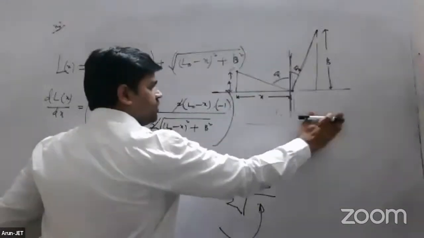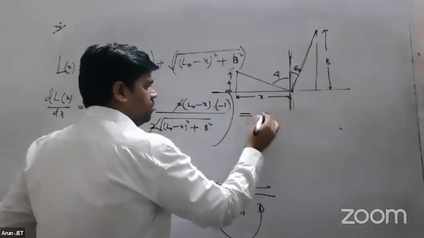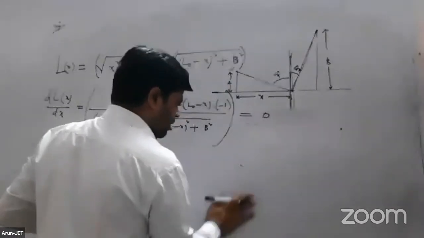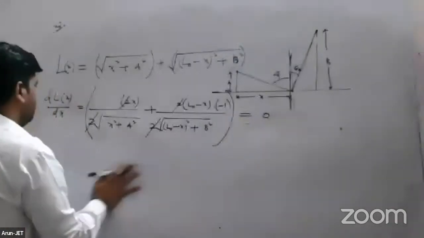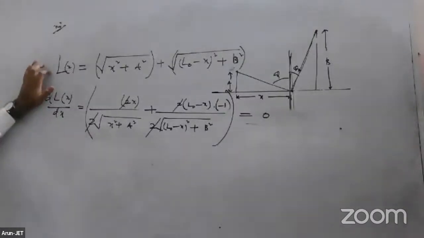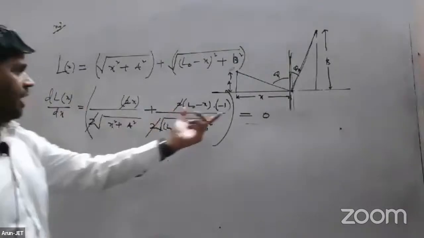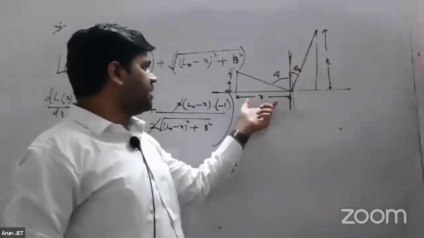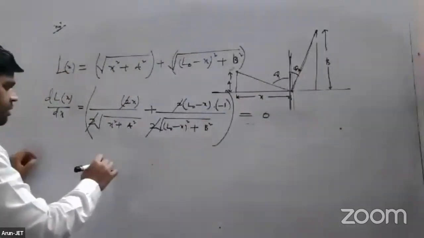Now this is supposed to be equated to 0. Why am I equating to 0? At maxima or minima, my slope is 0. The slope of the function L of x is 0. Now look at this one: x by hypotenuse, minus (L0 minus x) by hypotenuse. What is x by hypotenuse? Sin theta 1.